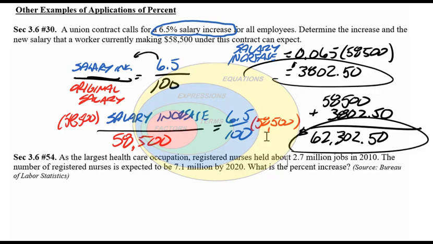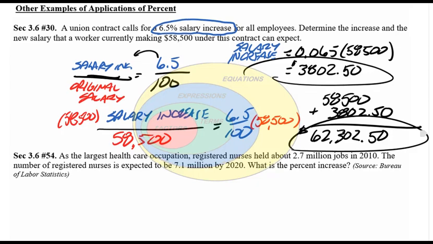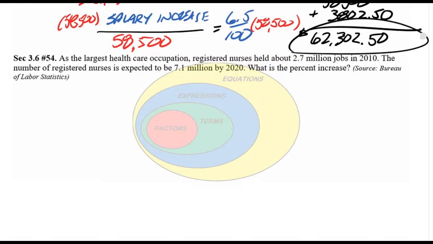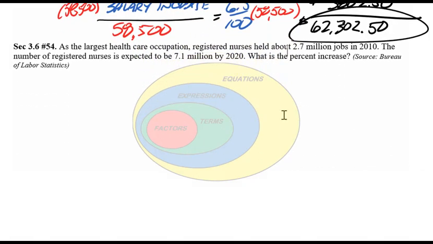So again, this is just a proportion of increase. Take the salary increase divided by the original salary to get 6.5%. We can use that to solve. And then let's do our last one here, number 54. It says, as the largest healthcare occupation, registered nurses held about 2.7 million jobs in 2010. The number of registered nurses is expected to be 7.1 million by 2020.